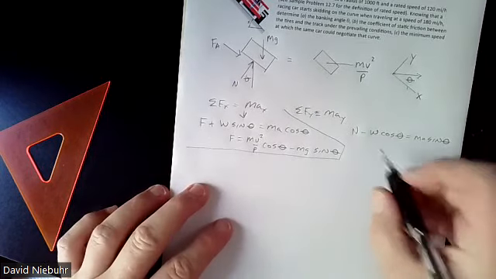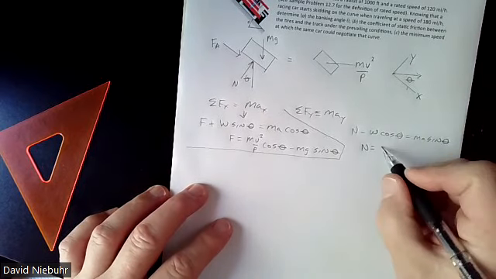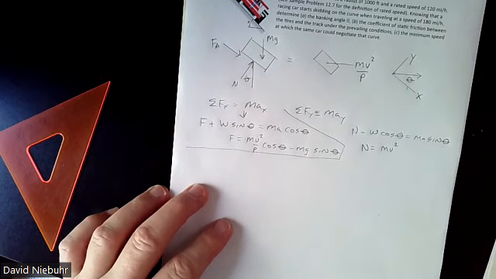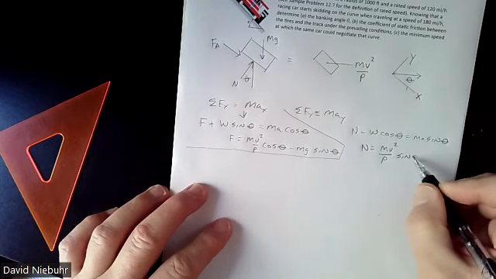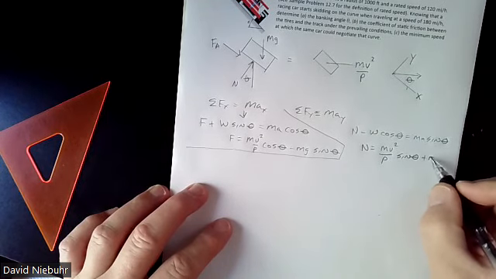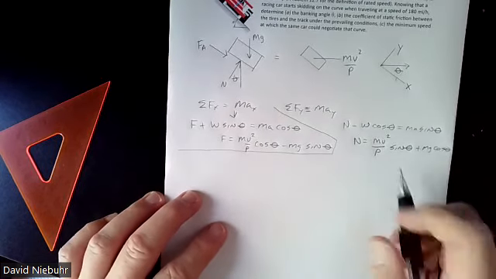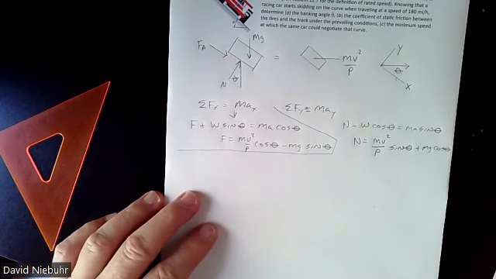So if we solve for N in this case, we get N equals mv squared, again substituting acceleration for v squared over rho, mv squared over rho sine theta plus mg cosine theta. So see, they're very similar, except negative sign and the sine and cosine are switched.